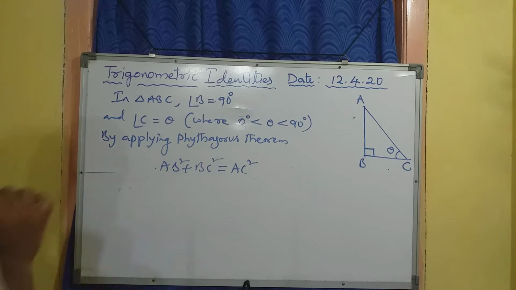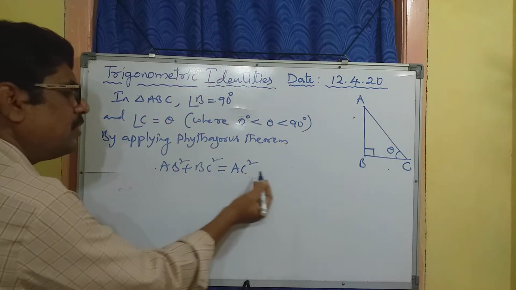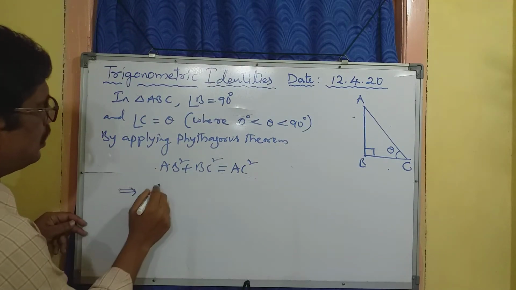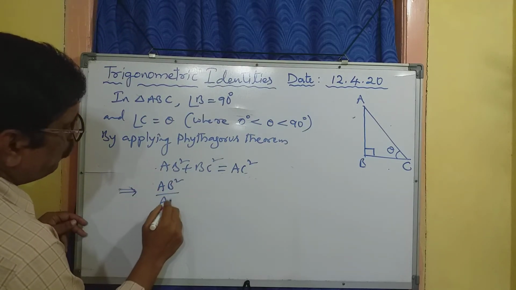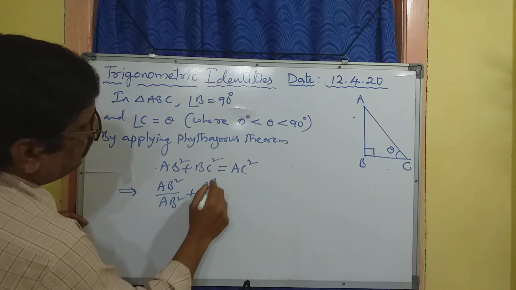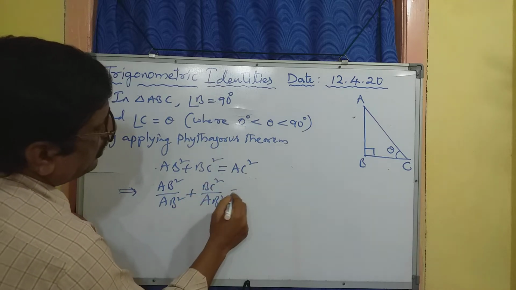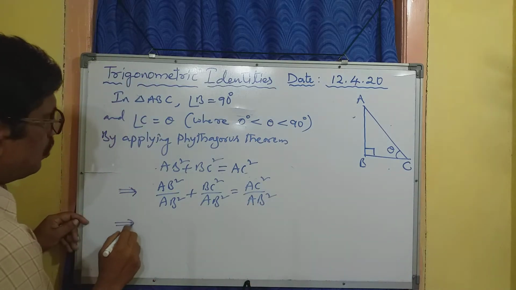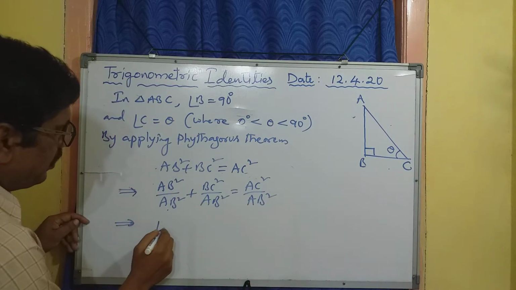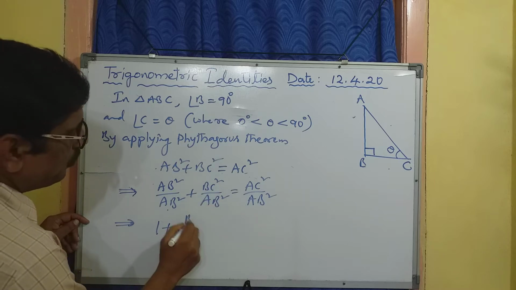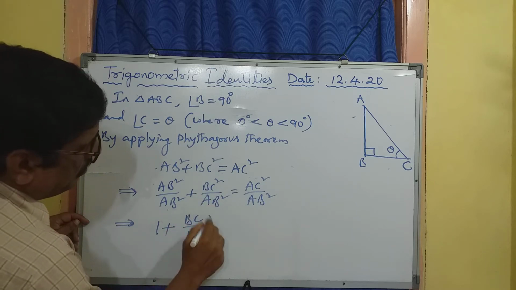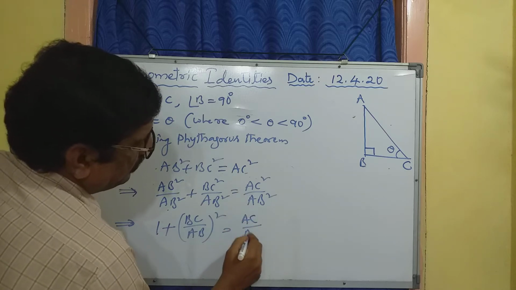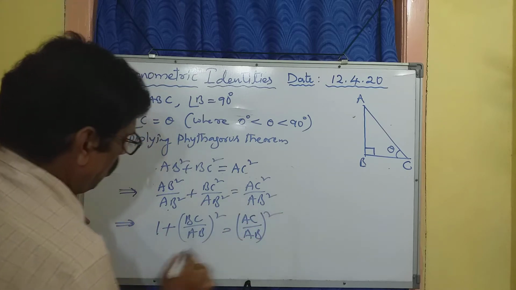Now for the third identity, let us divide this equation with AB square. Now AB square by AB square plus BC square by AB square is equal to AC square by AB square. Now AB square can be cancelled. BC square by AB square can be written as BC by AB whole square. AC square by AB square can be written as AC by AB whole square.